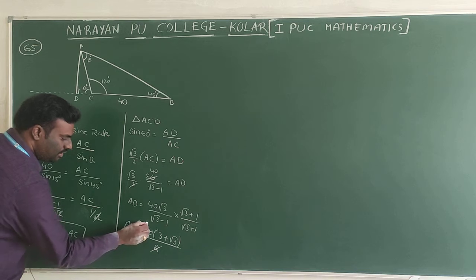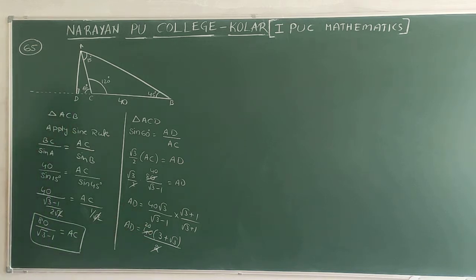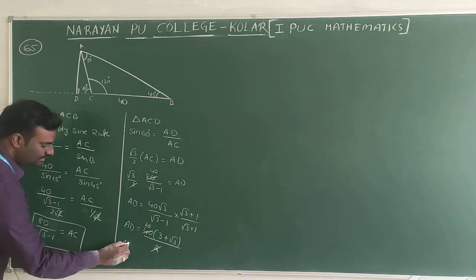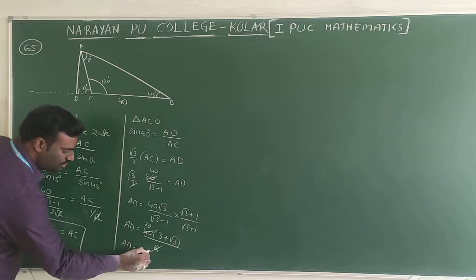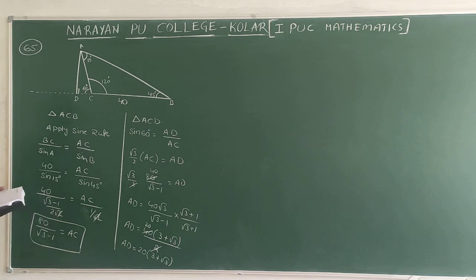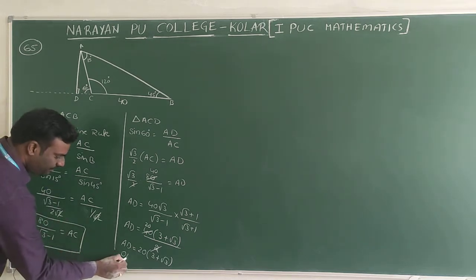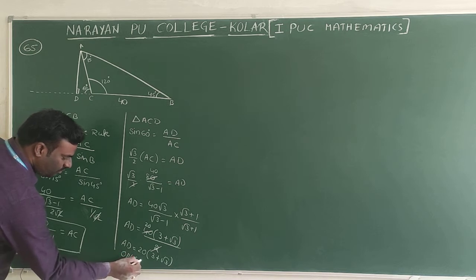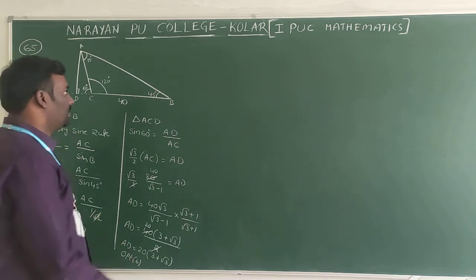The 2 cancels with 40, giving 20. So therefore the required answer, the height, is 20 into 3 plus root 3, which is the answer for question number 65. That is nothing but option B is the correct answer.